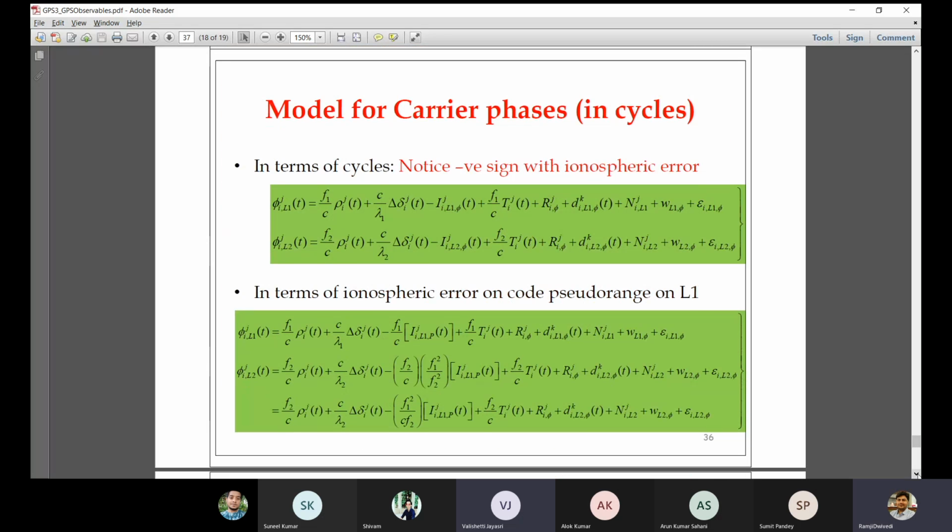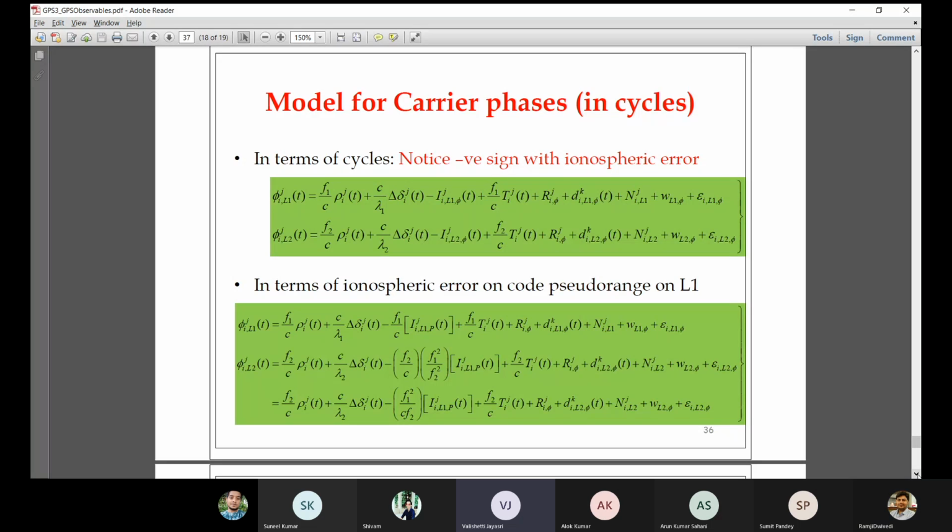Now let us write this equation, the first box equation on your note sheet once again. I'll explain the left hand side. It is phi, which is the phase in terms of cycles, between the ith receiver and jth satellite for L1.